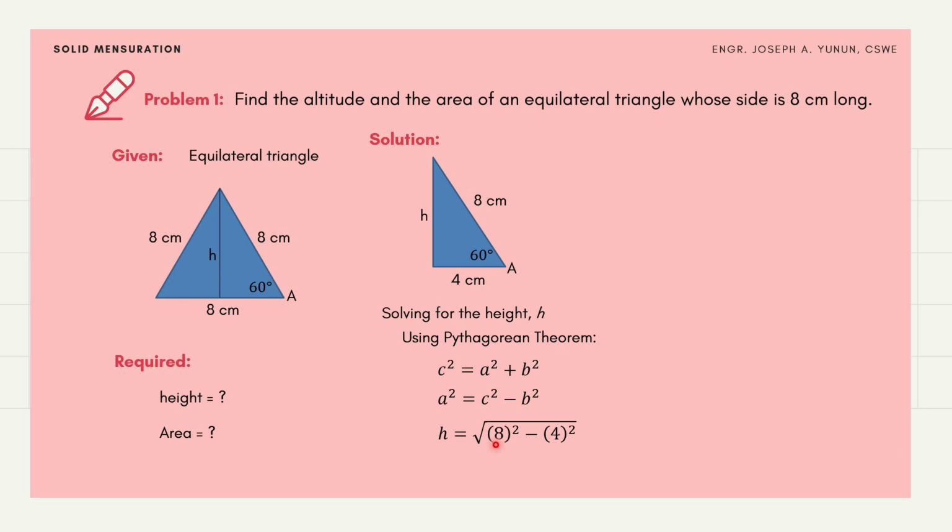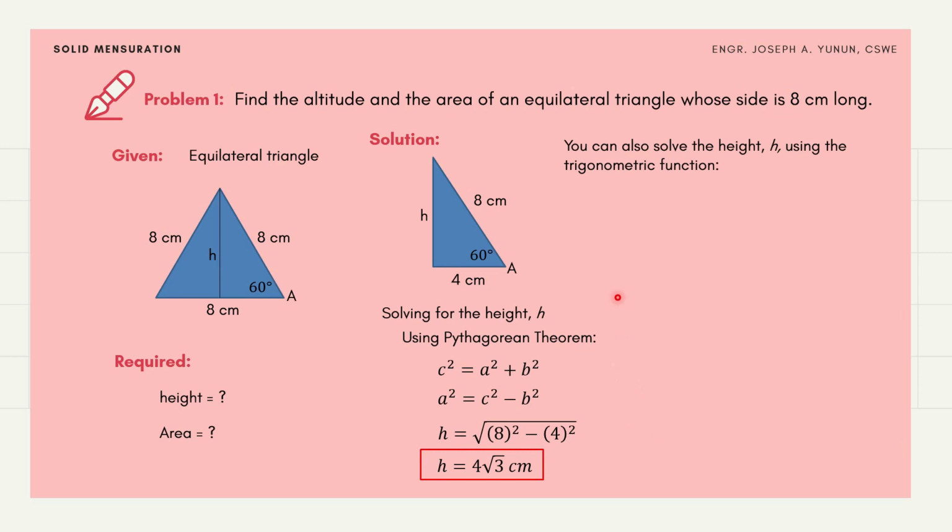Then simplifying, you get the altitude as 4 square root of 3 centimeters. So this is one of the unknowns or required. So we have answered the height or altitude of the equilateral triangle as 4 square root of 3 centimeters. Now we need to solve for the area.